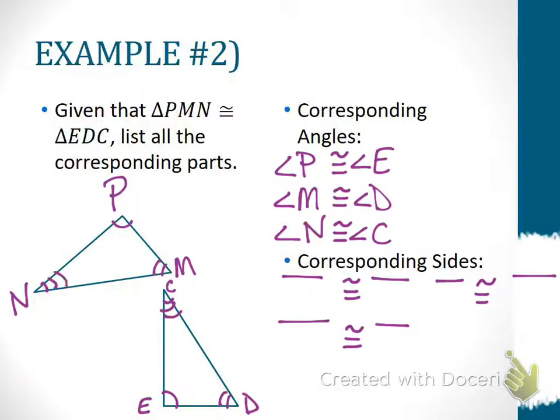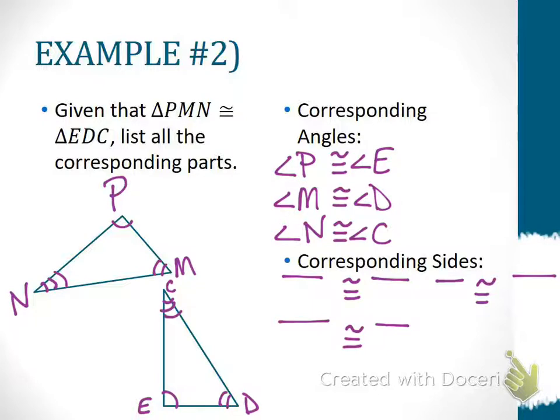Okay, so remember, angles are pretty easy as long as you can list them with just one letter. Sometimes we'll have triangles that overlap each other and then you have to use 3 letters to name it. Right, so instead of calling it angle P, we'd have to call it NPM. But for now, 1-letter angles are easy.